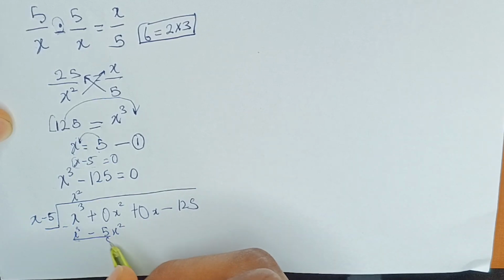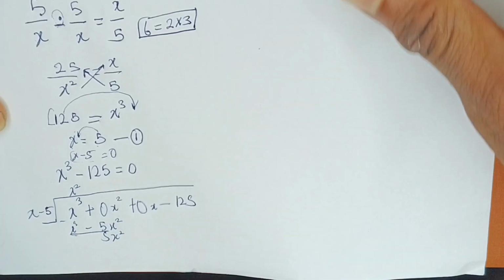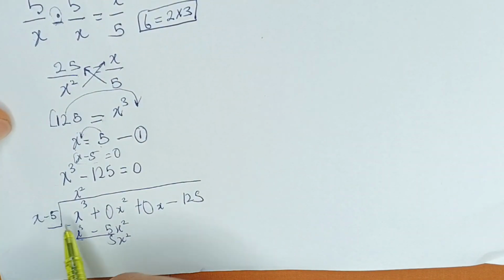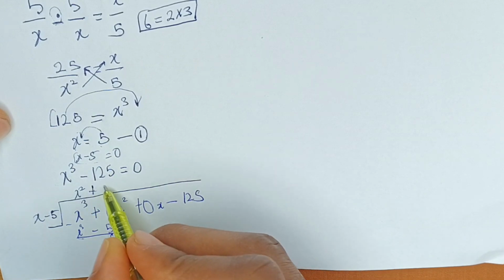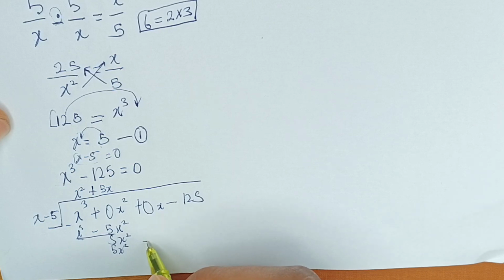When I subtract, I have positive 5x squared. Again, I can use positive 5x squared to divide this, and that gives me plus 5x. And then this will give me again 5x squared, you get the drill, minus 25x.